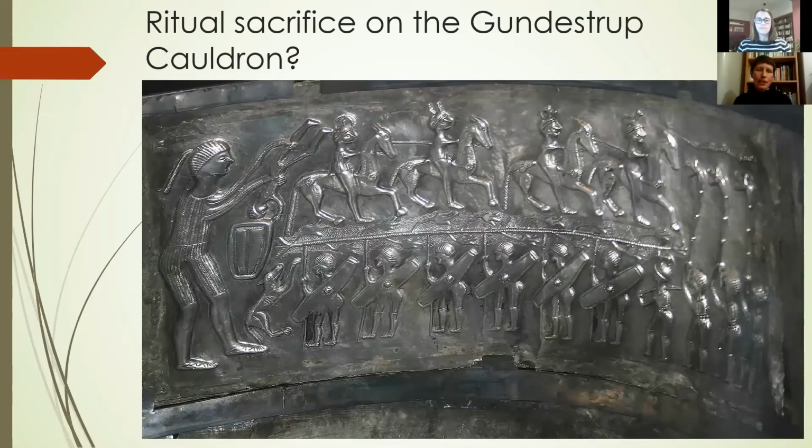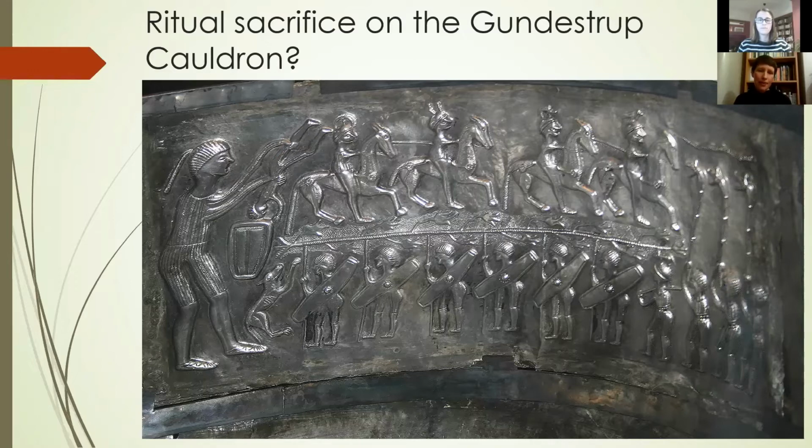This image is from the Gundestrup Cauldron, which was found in the Gundestrup Bog in Denmark. And although it's found in Denmark, it has been suggested that it actually contains Celtic imagery. People have suggested this deity may be Tritatis, for example, with somebody drowning in a vat, and that these little warriors at the bottom are people who are undergoing some kind of sacrificial ritual in which they're immersed into that vat and then they emerge reborn.